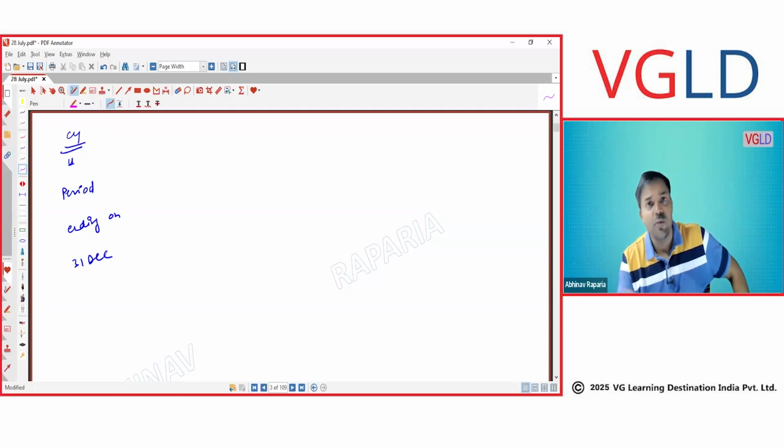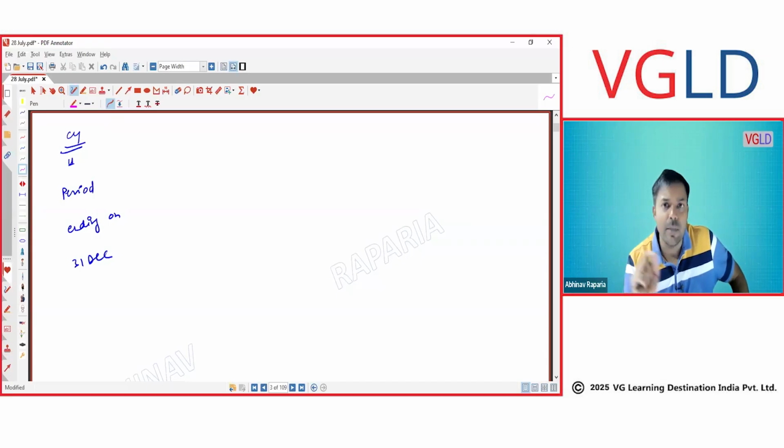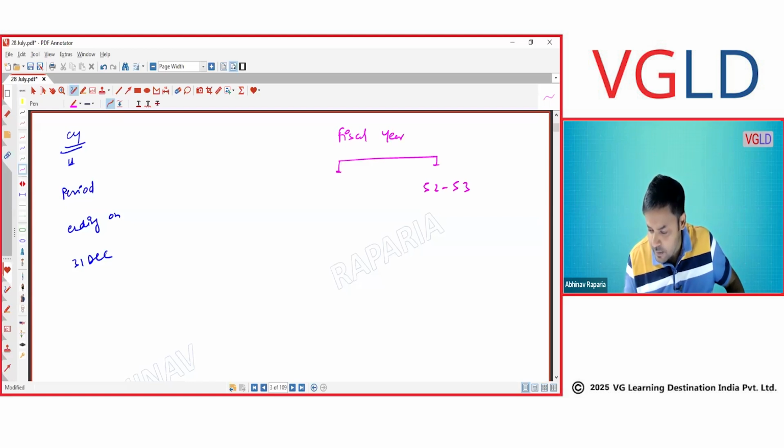In India we use fiscal and financial interchangeably. In the US, fiscal does not necessarily mean the financial year. Fiscal year is of two types: 52 to 53 week, and the second is others.